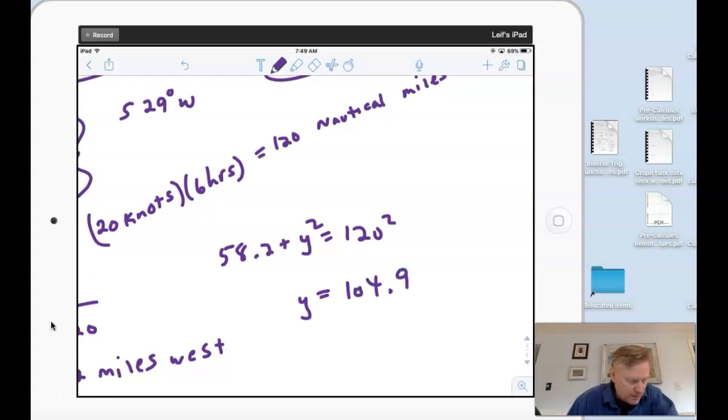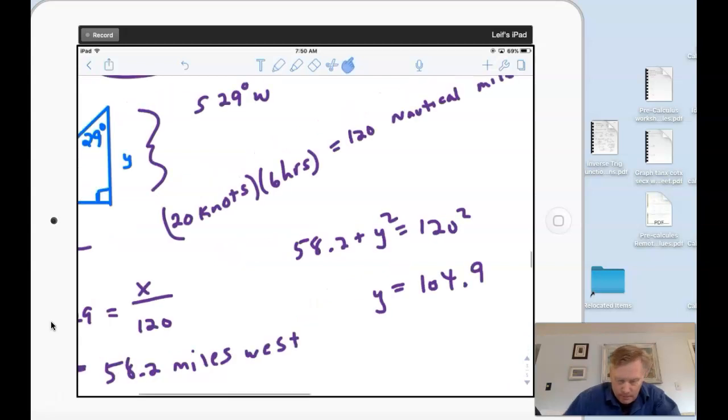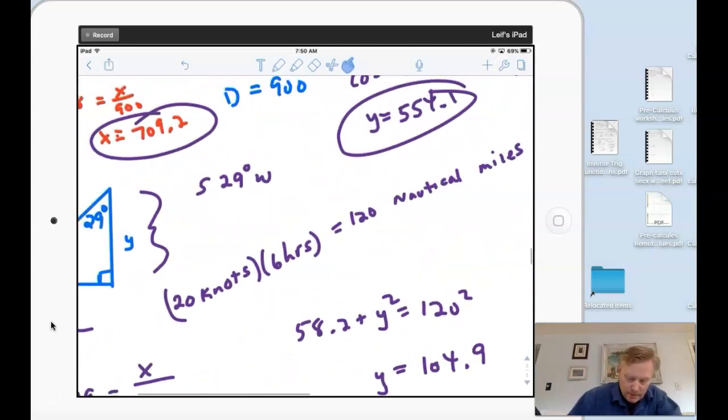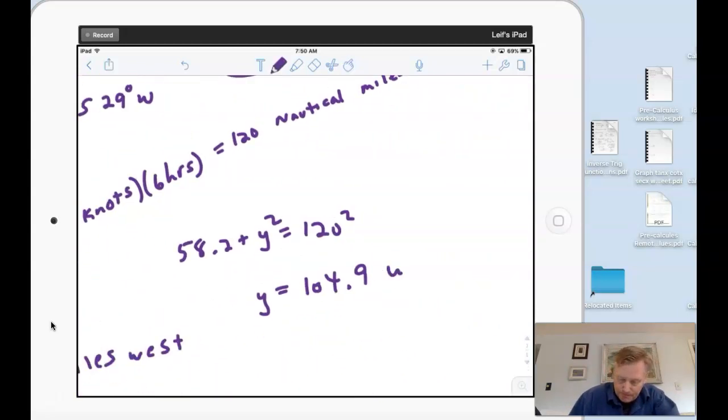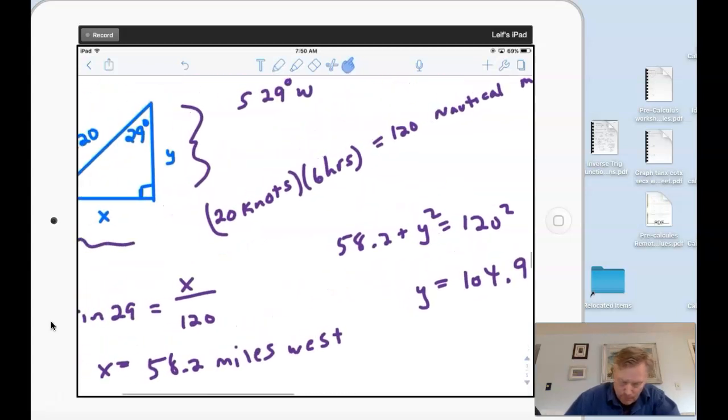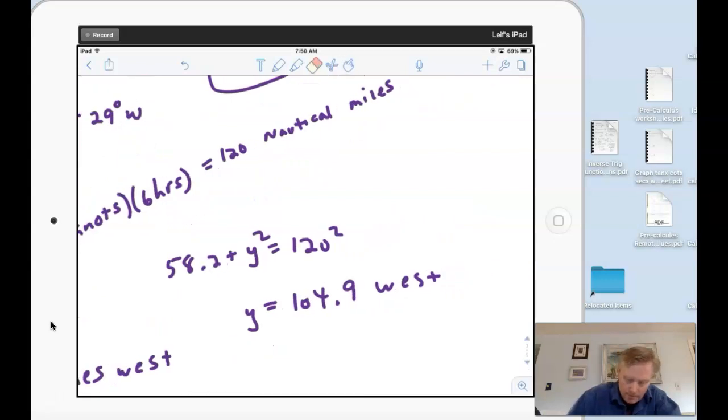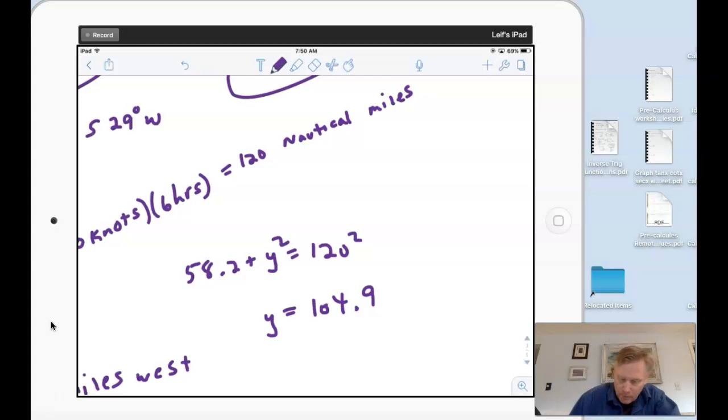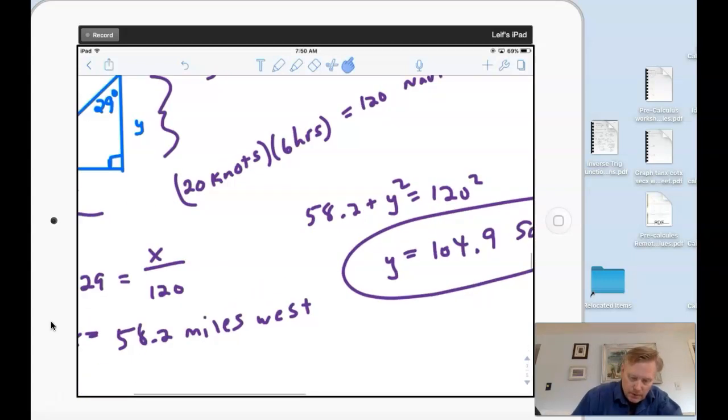And that would be my distance. What's that? That's west, they said. Oops, y is north, sorry. Or south, north or south. In this case, it's south. Okay, so there's my two answers.